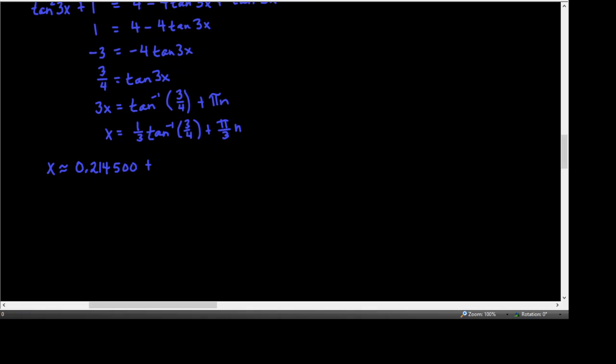Plus pi over 3 n. So my first answer is definitely between 0 and 2 pi, so I'm happy with this one. Okay, the next one, I would make n 1, so add pi over 3 to that. And that's 1.26.